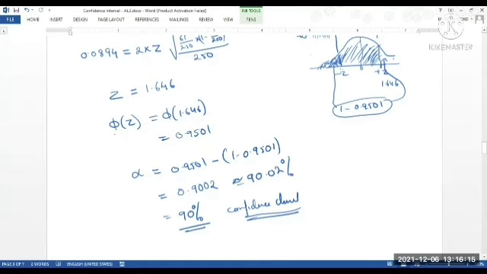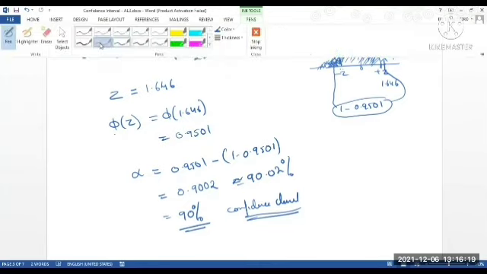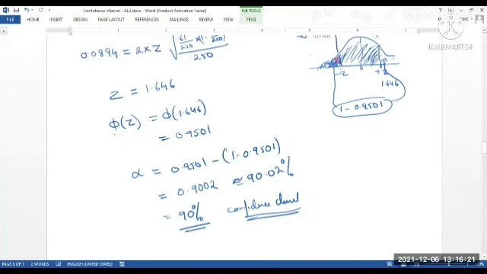So in order to remove this area, what we do is from the whole area, from the total probability, we subtract the area that is given. You will get this unshaded region. And the unshaded region here is the same as this region because it's a normal curve. It's a bell-shaped symmetrical curve.